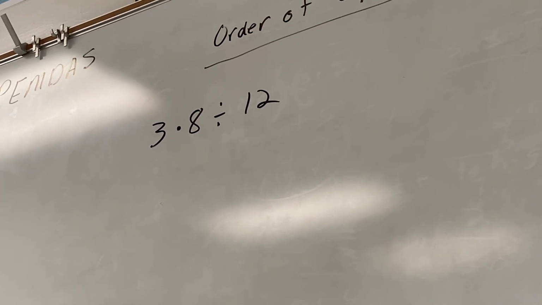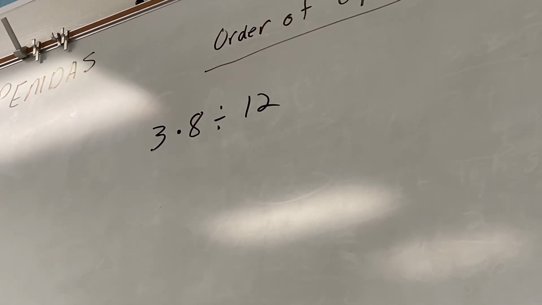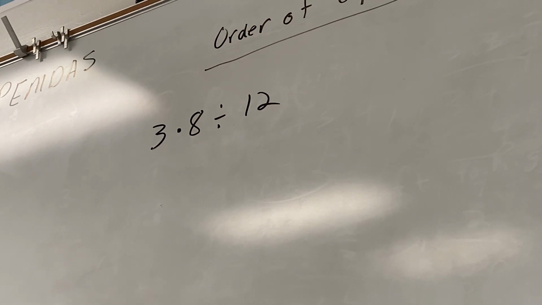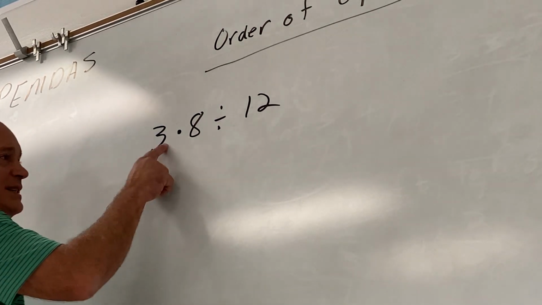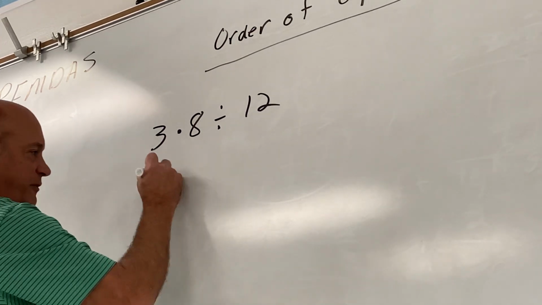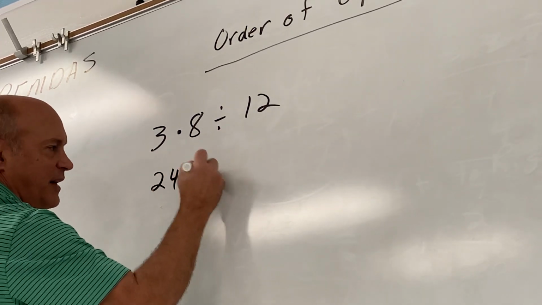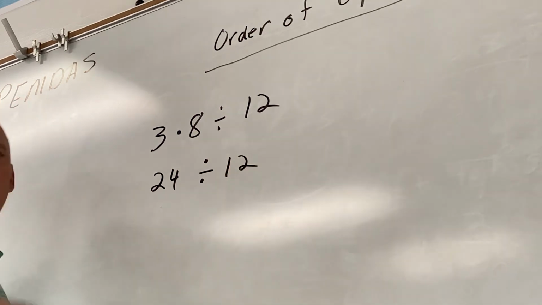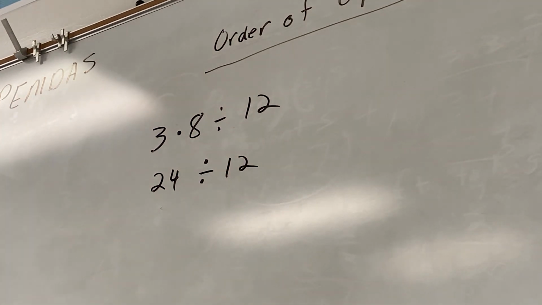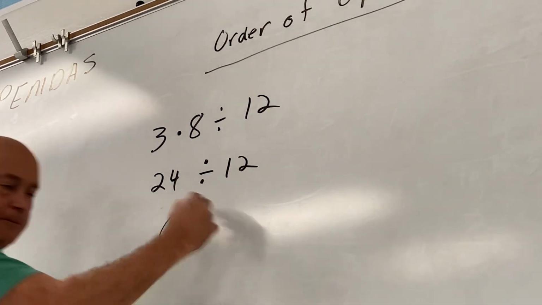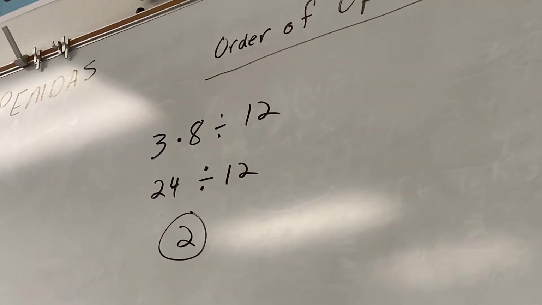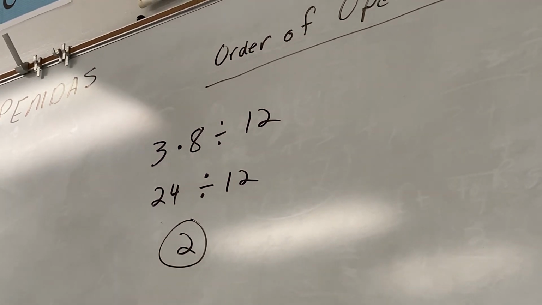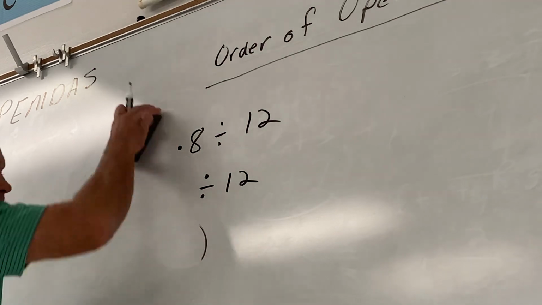Okay, we're working this one left to right because all I see is multiplying and dividing. Are you with me? So this is a left to right problem. What's 3 times 8? 24. Now we're going to divide 24 by 12. What is my final answer here? 2. Are you with it? Yes, sir. Any questions on that? Good.